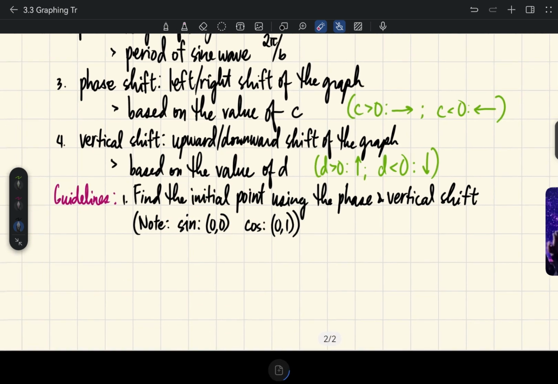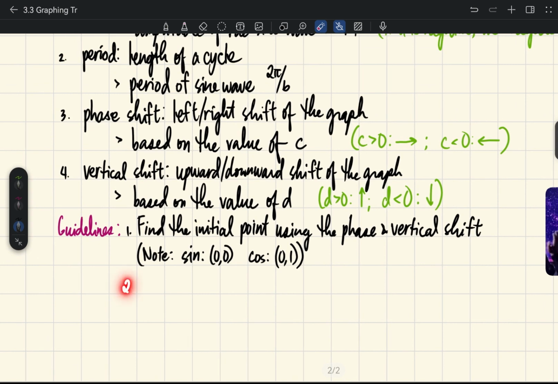Next one, once you know the initial point, you would want to determine the length of vertical and horizontal movement for our framework.